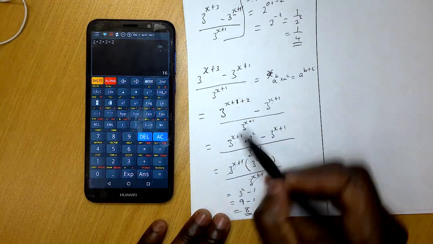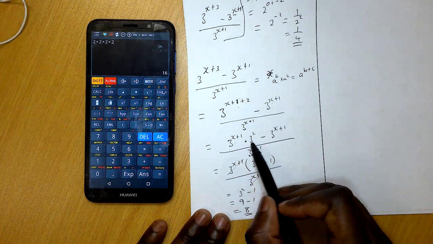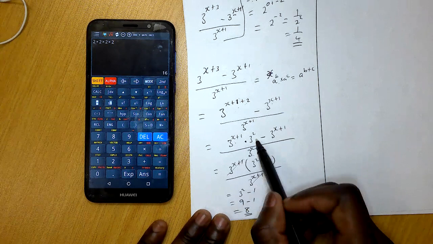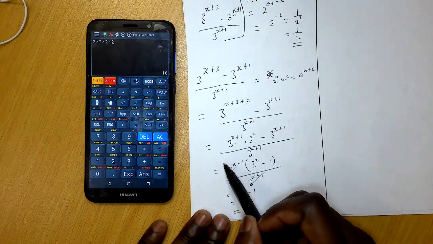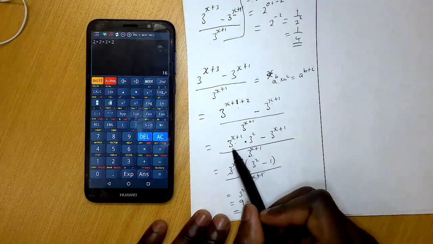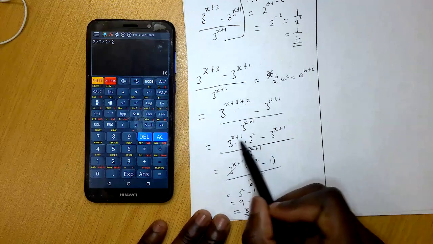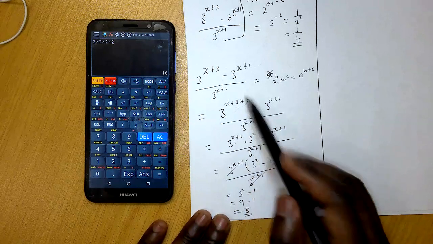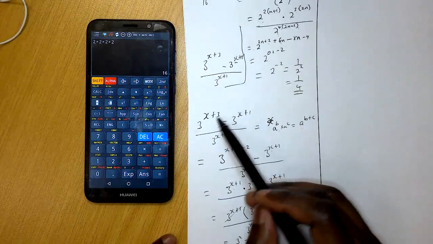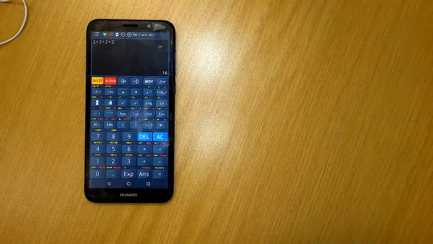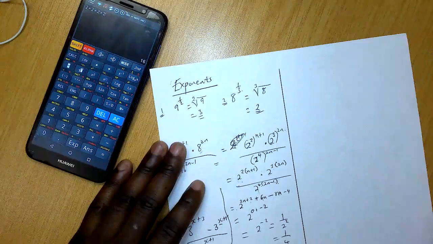Even if you want to multiply it, they are the same base, so you just add the power: x plus 1 plus 2, which is x plus 3. That's the original equation. You need to be able to convert such things.